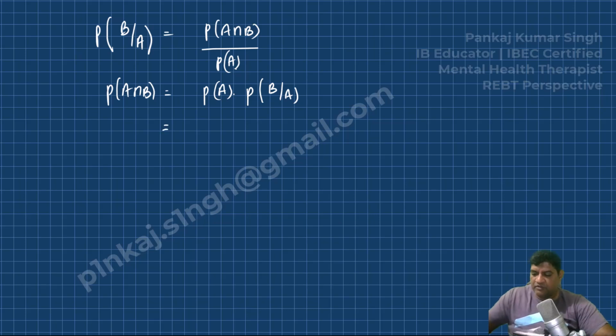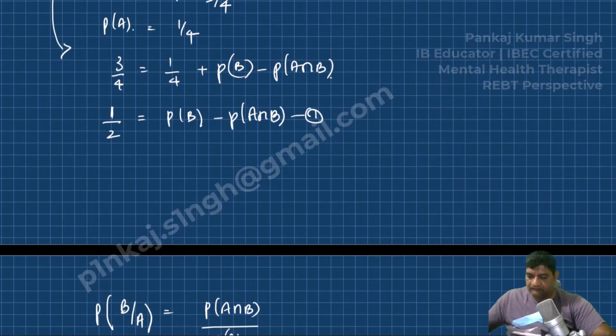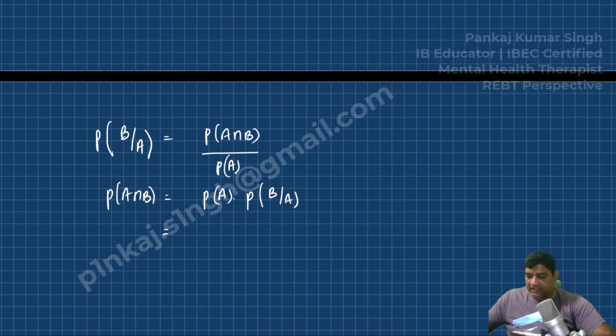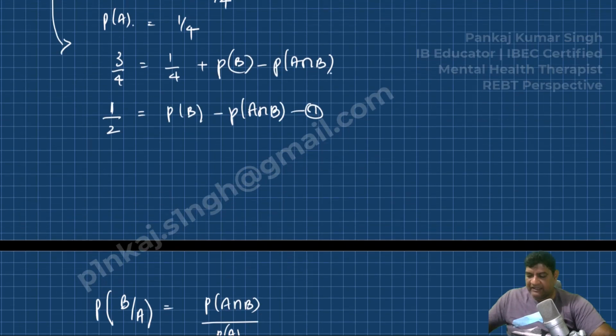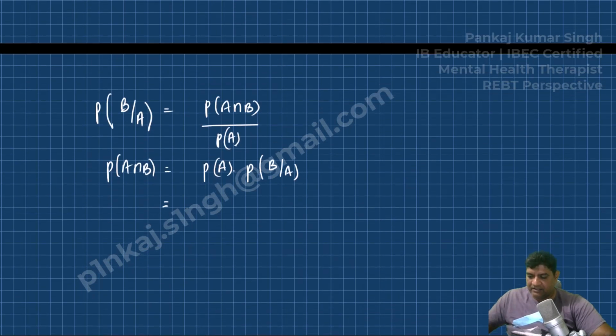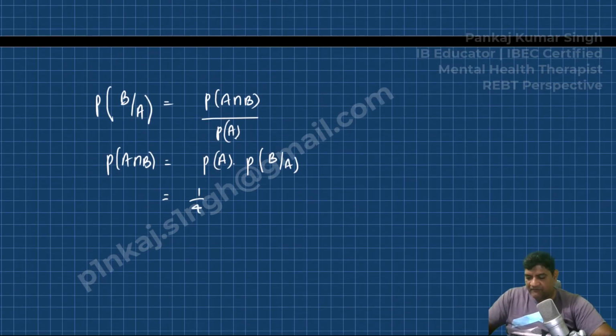And I know the probability of A is 1 by 4, and I also know the probability of B given that A has occurred is 2 by 3. And therefore it's going to be 1 by 4 into 2 by 3, and that's going to give me 1 over 6. That's my probability of A intersection B.